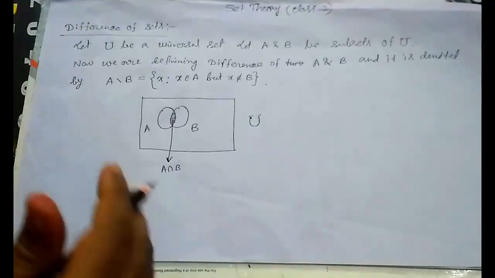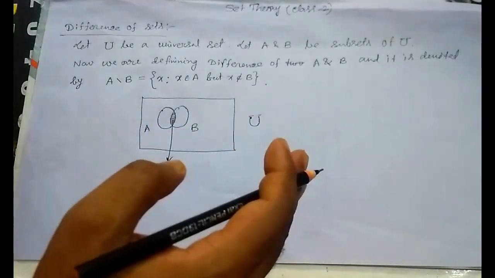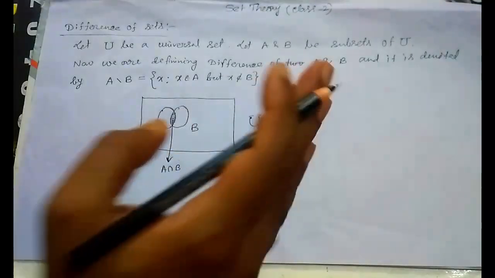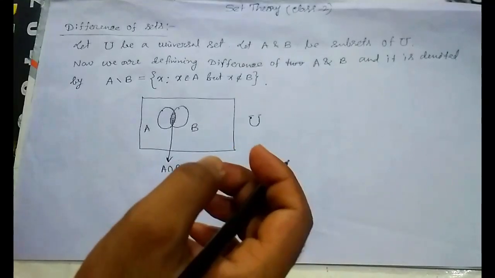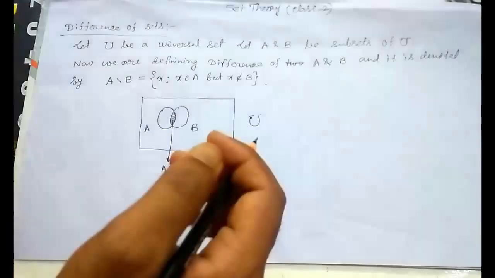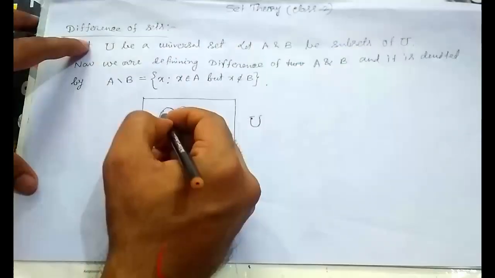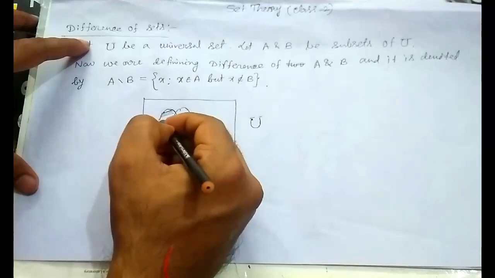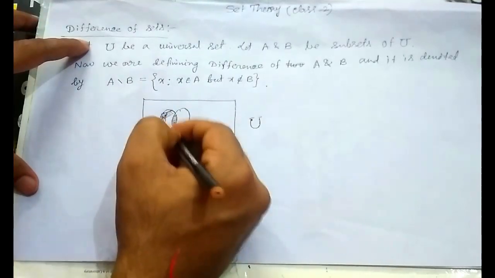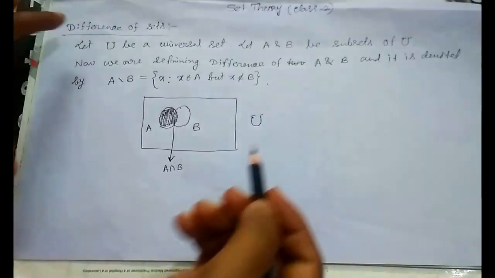Now we have to find those elements which are only in A but not in B. So this type of elements are situated in this shaded region.